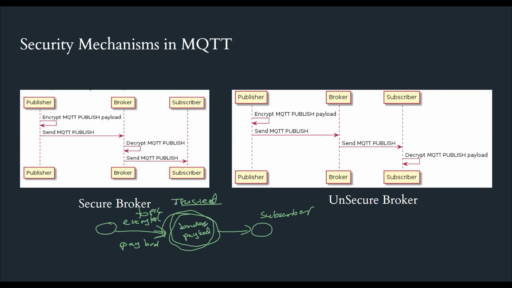In that case, we encrypt our data, and we don't let the broker decrypt the data in between. We send the data to the broker, and the broker will not decrypt it; the broker will directly send it to the subscriber. The subscriber will decrypt the data using a previously known key.